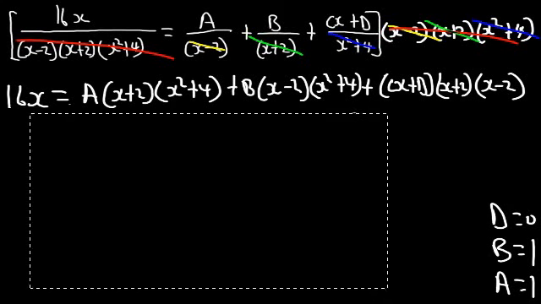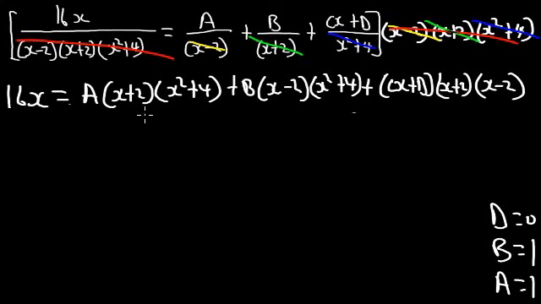Having gotten d, we can get the value of c. To get the value of c, all we need to do is plug in a suitable value for x. There's no certain value. You can use any value. Just make sure that you use something that doesn't make cx to be 0. So you can't use x equals 0.